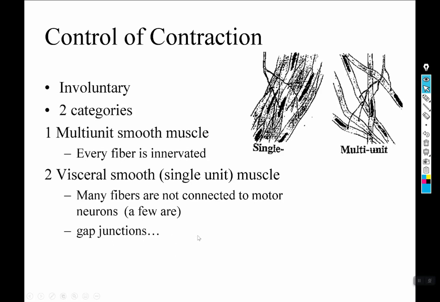So that phenomenon where visceral smooth muscle, like in the uterus or like in the intestines, builds up more slowly to maximum tension and then relaxes more slowly is partially a result of the need for transmitting initial excitation from a motor neuron across multiple cells that are not innervated directly via gap junctions.